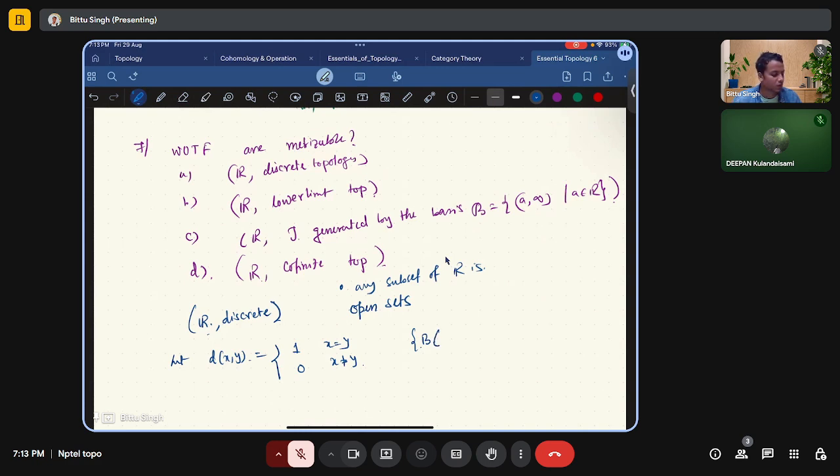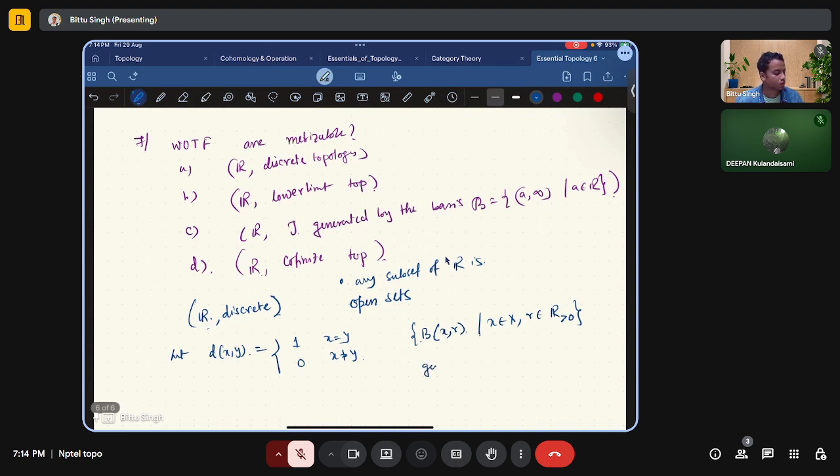The metric topology is generated by open balls B(x, r), where x belongs to X and r is some positive real number. This is the metric topology generated by this metric d.